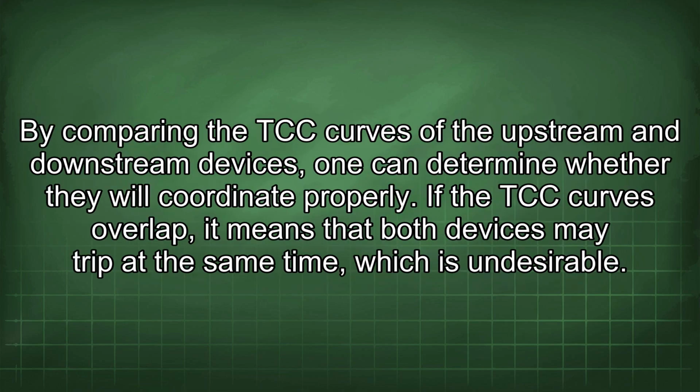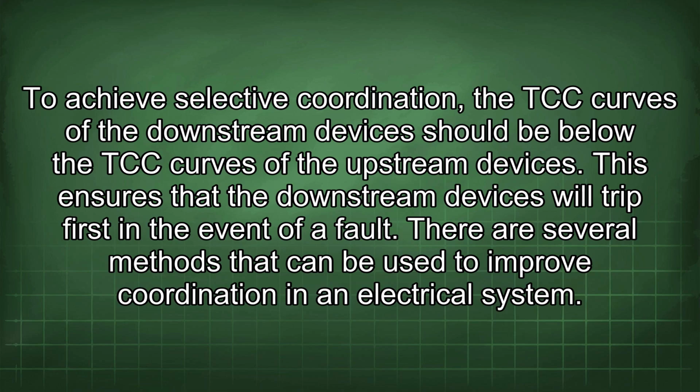By comparing the TCC curves of the upstream and downstream devices, one can determine whether they will coordinate properly. If the TCC curves overlap, it means that both devices may trip at the same time, which is undesirable. To achieve selective coordination, the TCC curves of the downstream devices should be below the TCC curves of the upstream devices. This ensures that the downstream devices will trip first in the event of a fault.